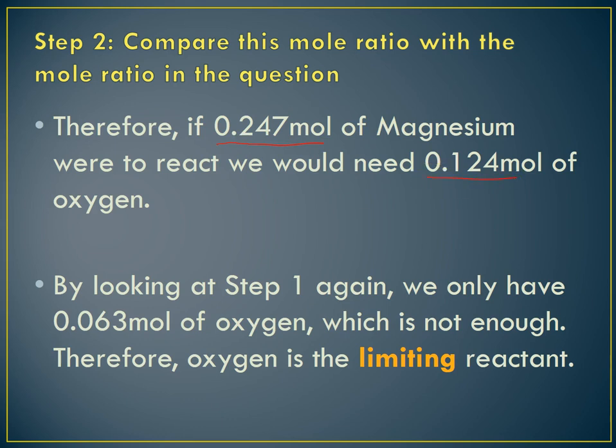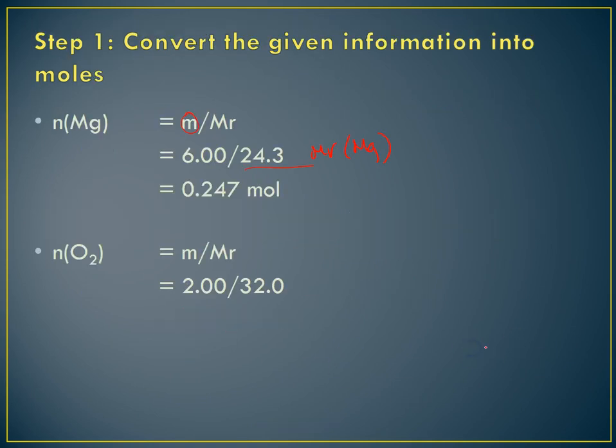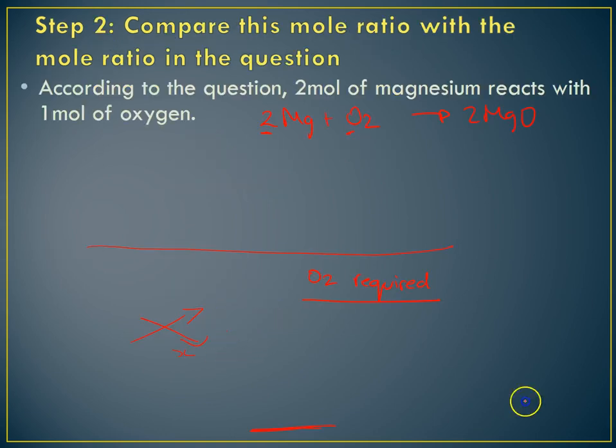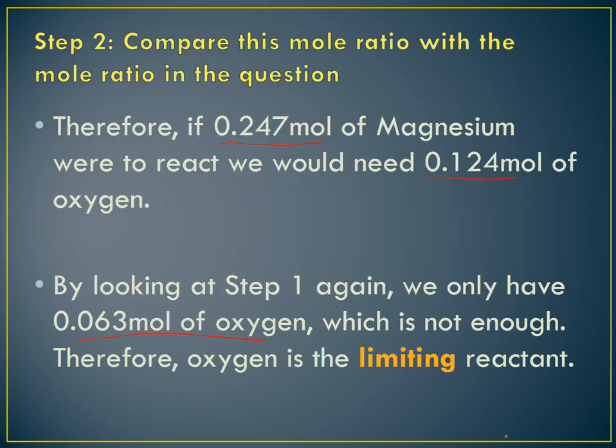If we go all the way back to step 1, you will see that when we calculated it, we only had 0.0625 mole of oxygen. That's how much we actually have in the flask.